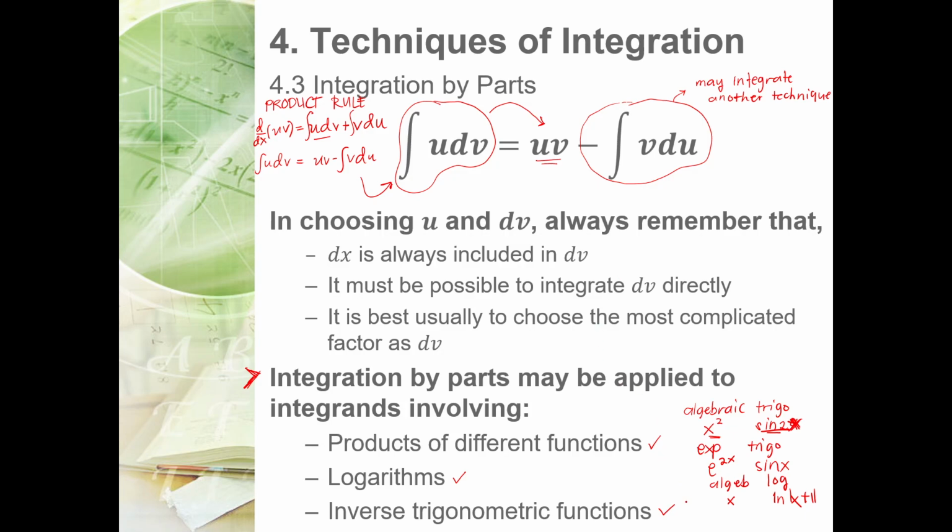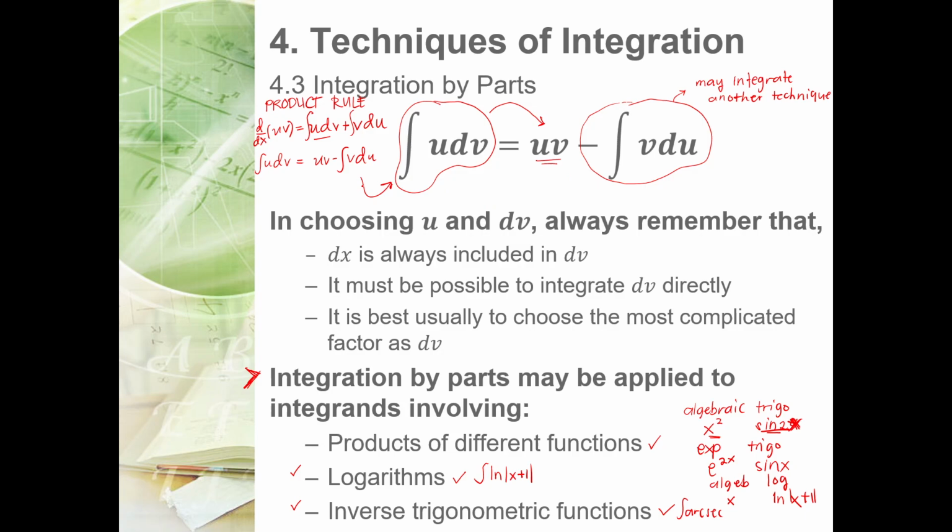For example, we have to integrate arc secant, or here in logarithms, we have to integrate ln of x plus 1. Through integration by parts, we can now solve these special functions. They are special because they don't have any formula for integrals.